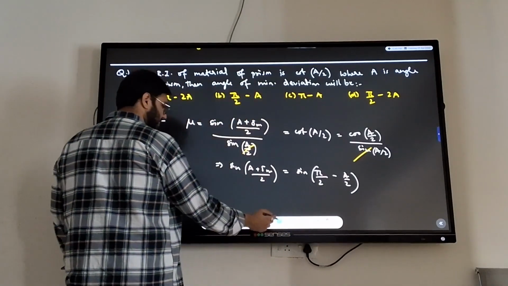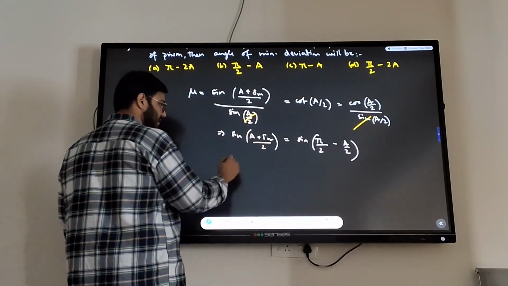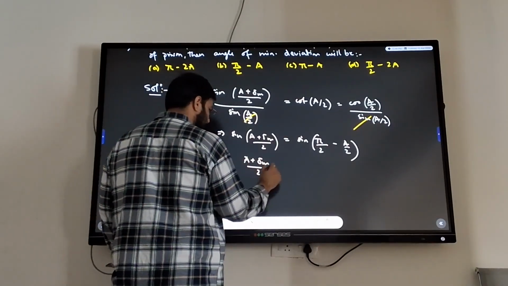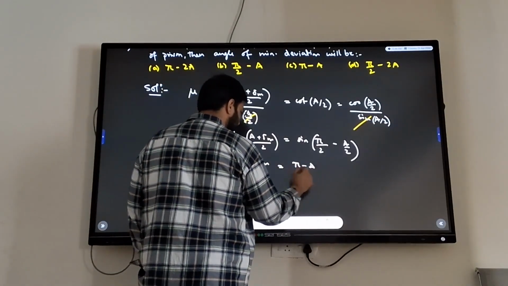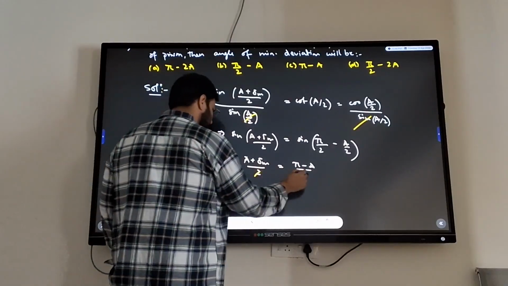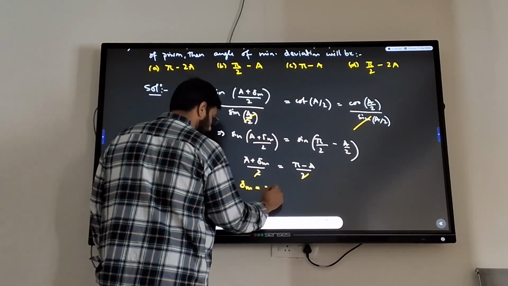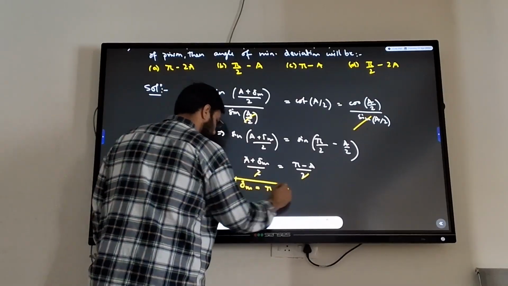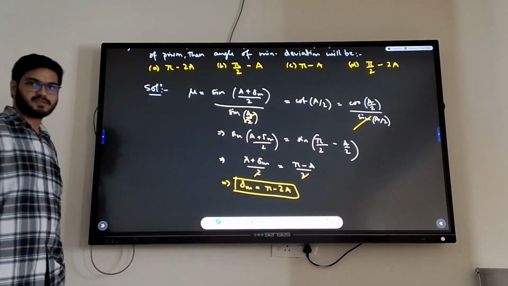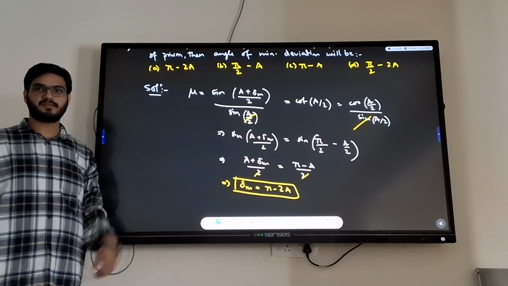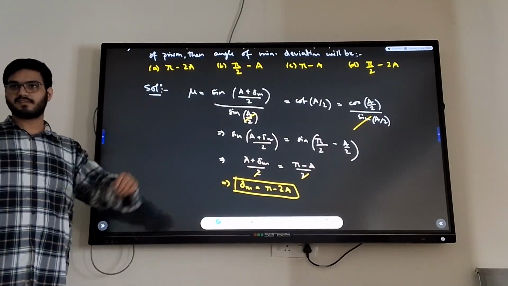But then if sine of this and sine of that are equal, that means the angles are equal. So (A plus delta min) divided by 2 is equal to (pi minus A) divided by 2. And that cancels, and then you will get something like delta min is equal to pi minus... Very simple question. The only formula that relates the two is this. You just have to substitute and get the answer.